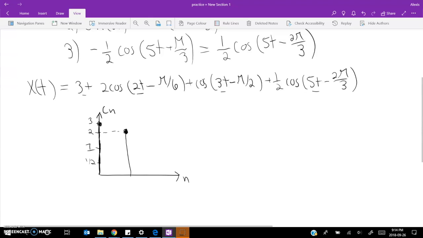At 3, we obtain a Cn of 1. Let me label my x-axis. So this was at 2, 0, we have 3, and our last one is at n equal to 5. We will obtain a Cn of a half, which is demonstrated in this graph by looking at the above signal.